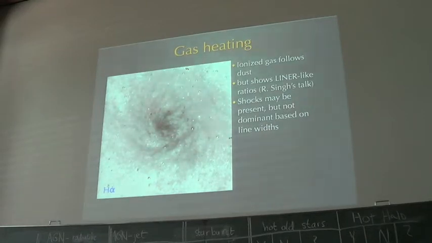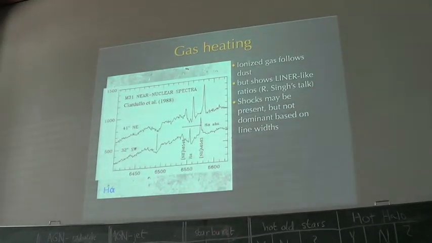Spectra of these suggest, unsurprisingly, a LINER-like emission with strong nitrogen II relative to H alpha. The line widths are large, but would suggest that if shocks are present, they're very low velocity.